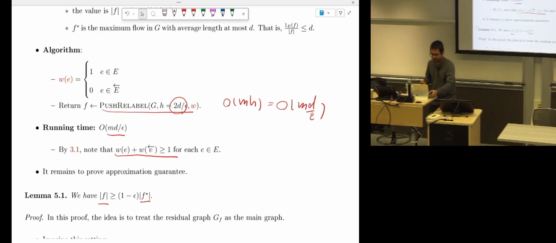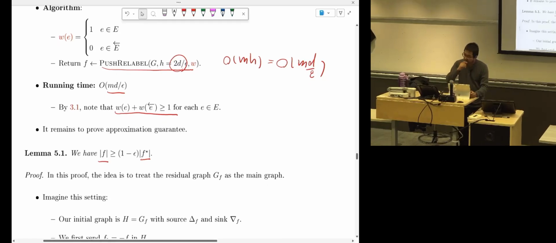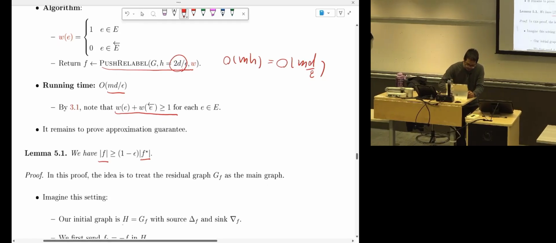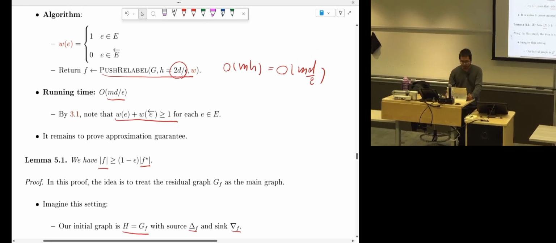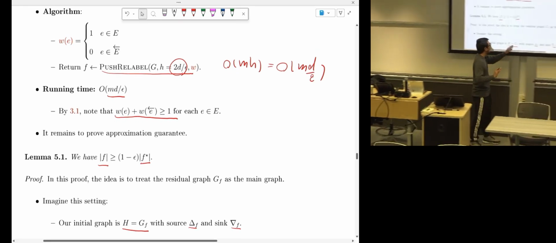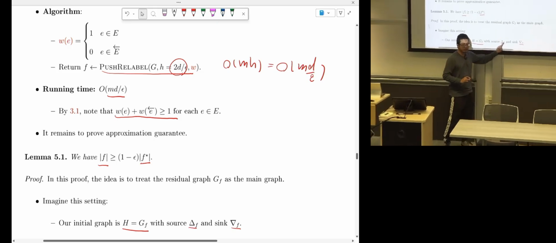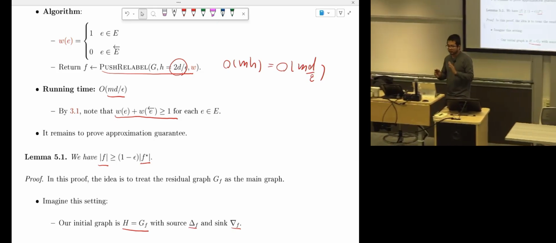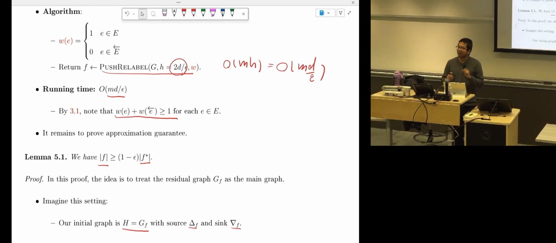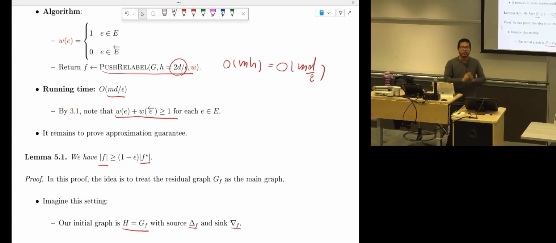So imagine this. I start my initial graph H with GF. This is GF, so the source is the residual source, and the sink is the residual sink. But just think that you start with this graph and this initial source and this initial sink. And then I first send some flow in this H. What's my flow?